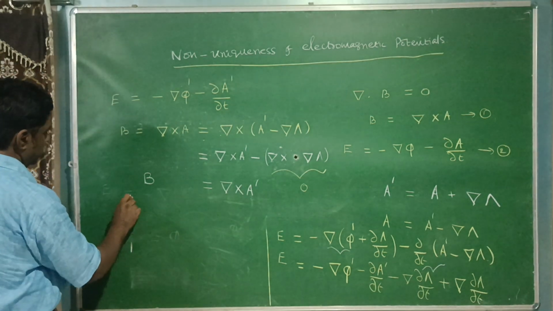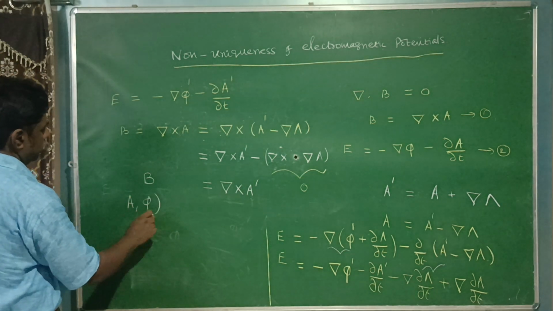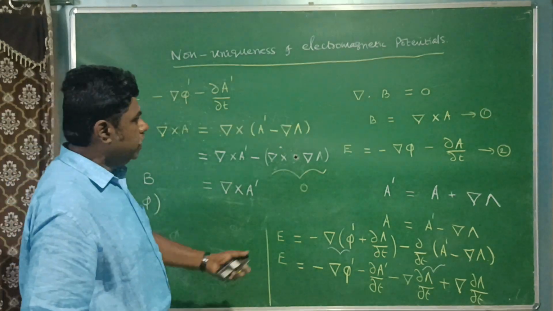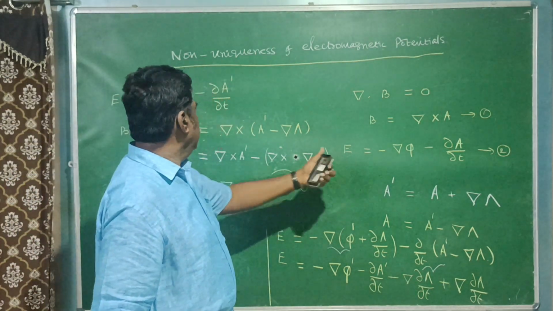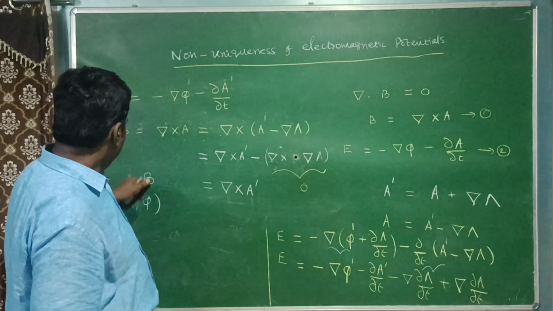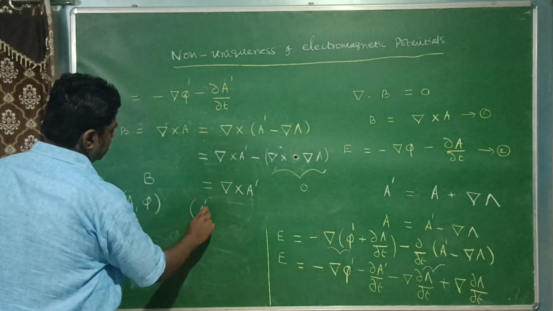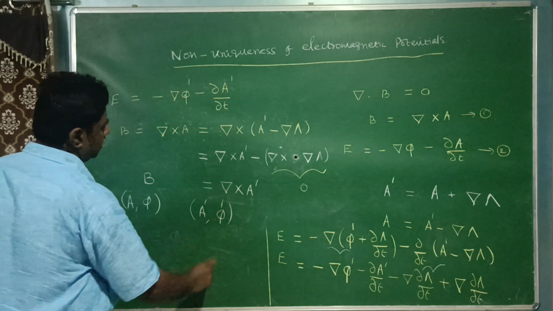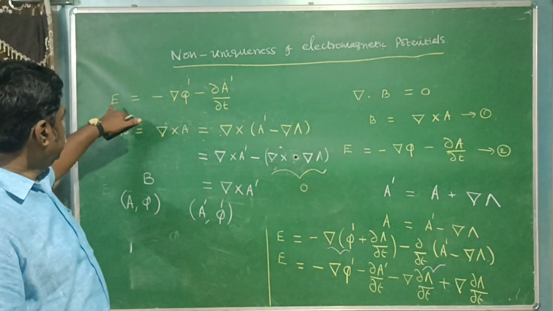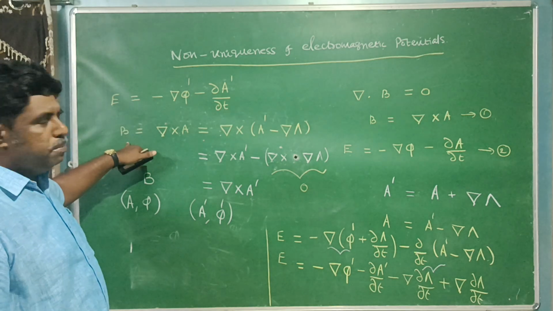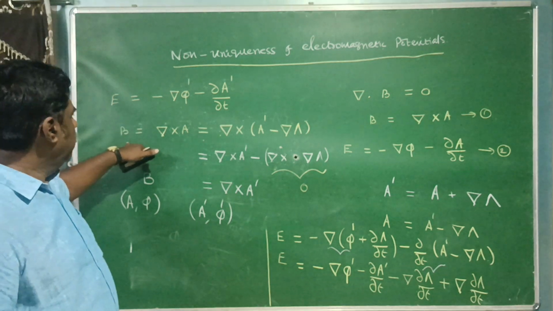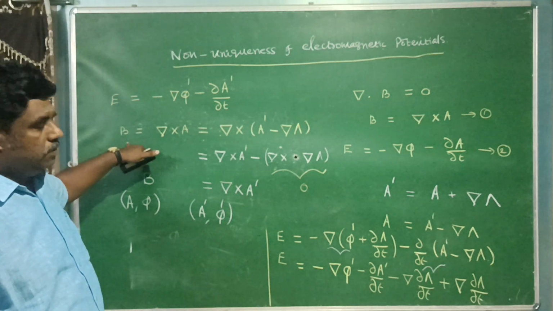If you use A comma phi, you can get the values of E and B. If A comma phi is replaced by A dash comma phi dash, we get the same values of E and B. There is no change in the values of electric and magnetic fields.